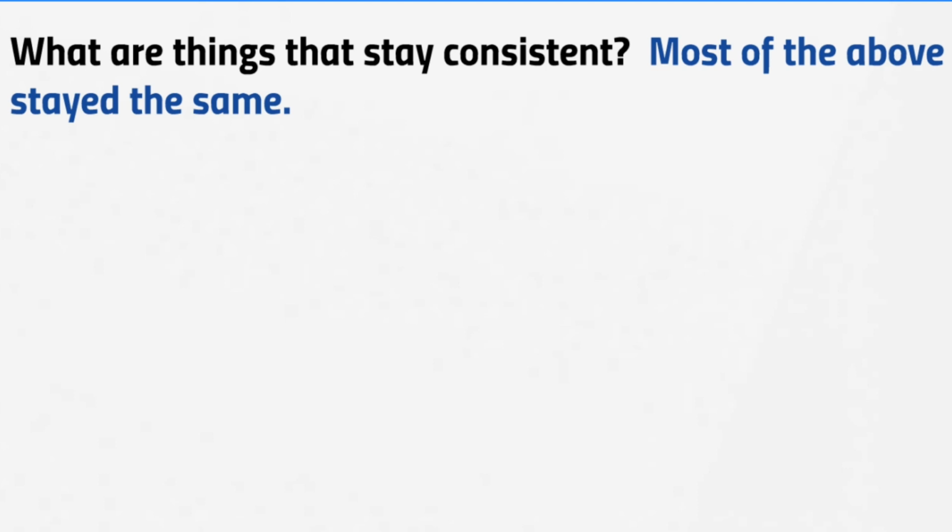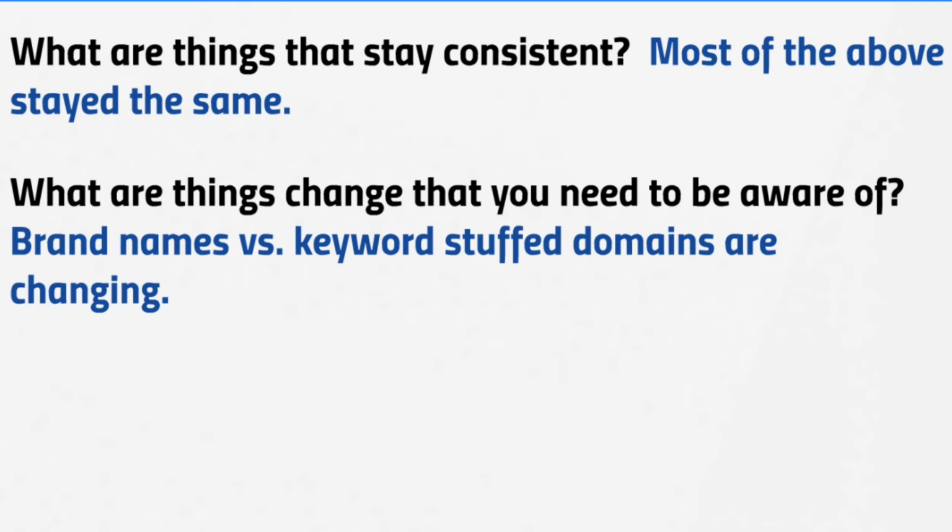But it's inevitable, and if you think about it, if you're branding your company and you're building an actual company with a brand that has an identity, then as Google looks at your brand name and looks at the content you put out, it begins to put a name to a face. So as you can see, most of the above has stayed the same.